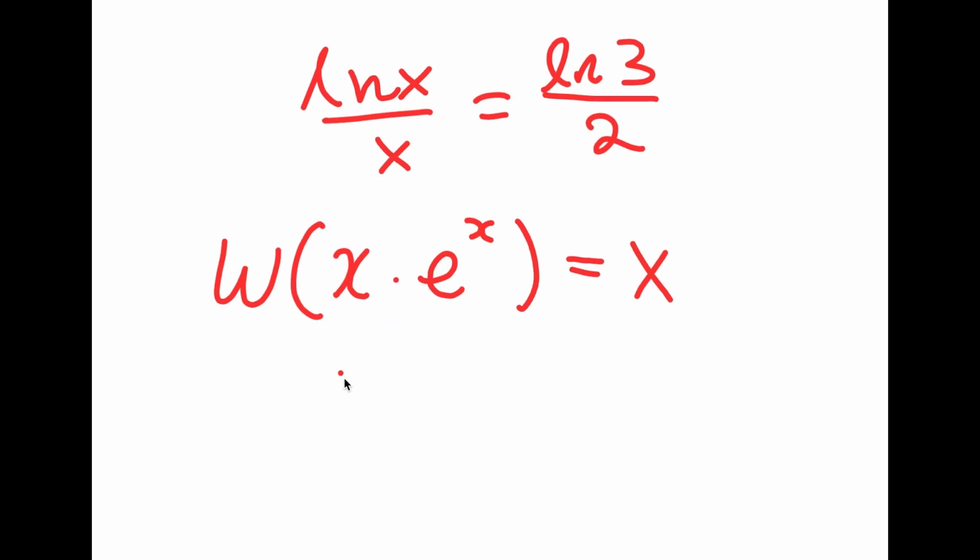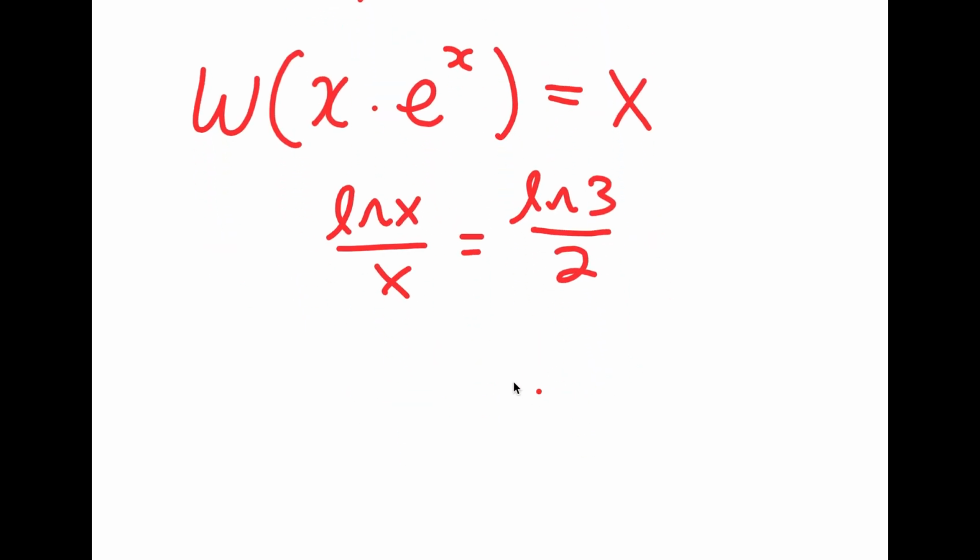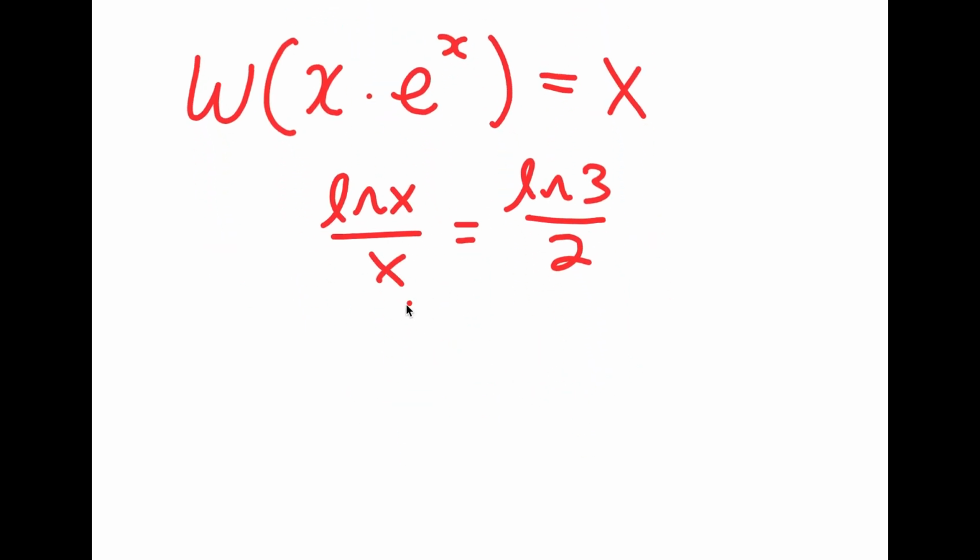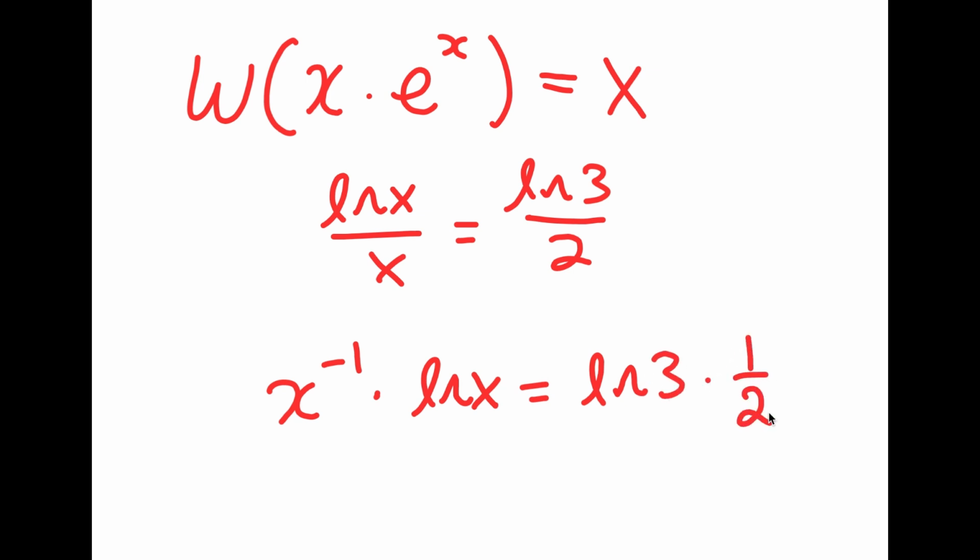So in this case, I have ln x over x is equal to ln 3 over 2. And I'm going to rewrite 1 over x here as x to the power of negative 1. So I have x to the power of negative 1 times ln x is equal to ln 3 times 1/2.